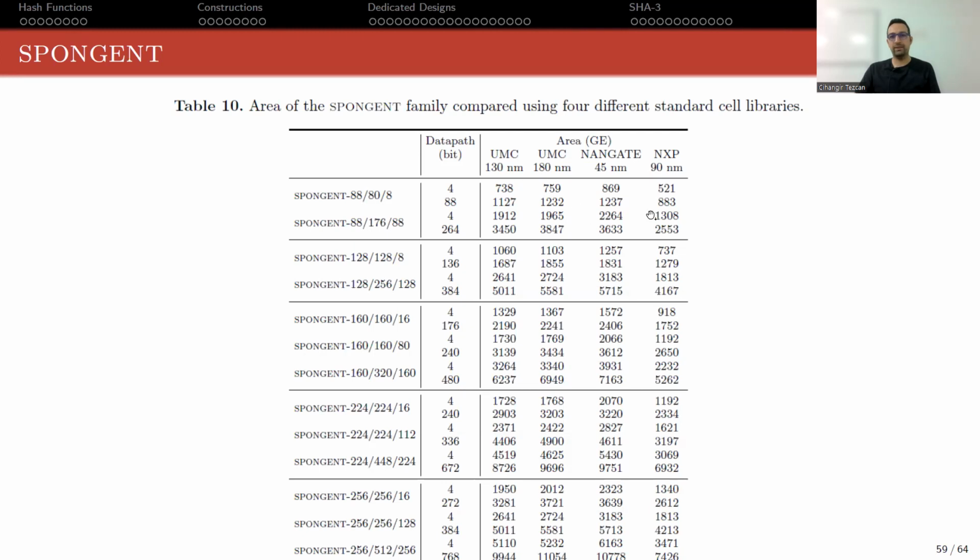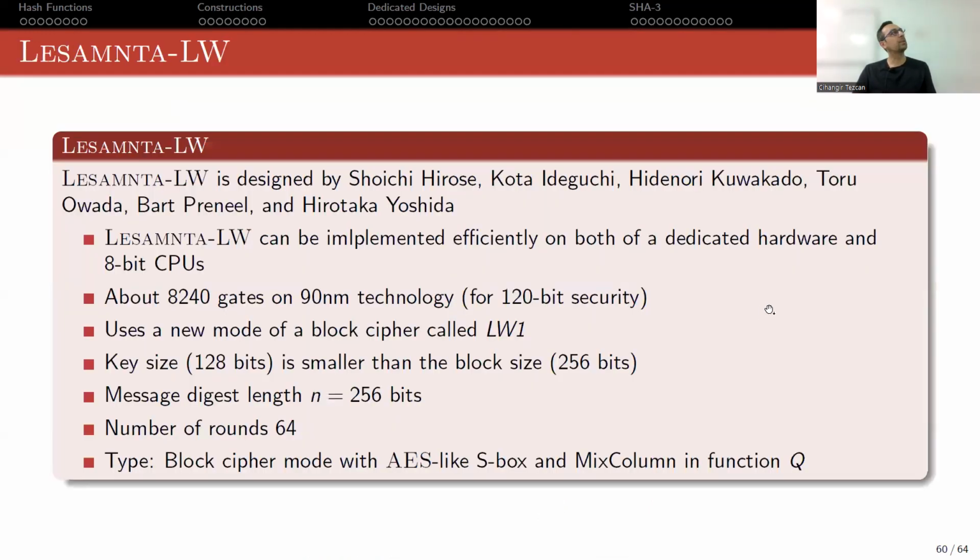They show how many gate equivalents you need depending on different standard cell libraries and different versions of the family. So as you can see, it can be as small as this, which is very nice, right? But of course, the speed will not be that good when you do that. So these are the things you need to focus on when you design something for hardware.